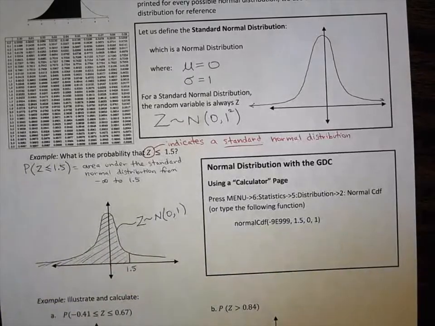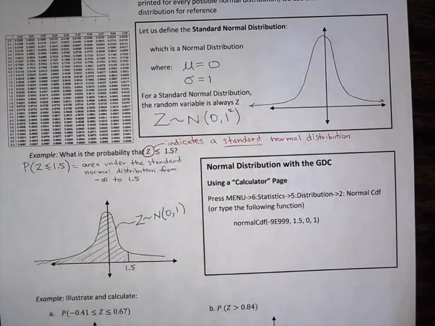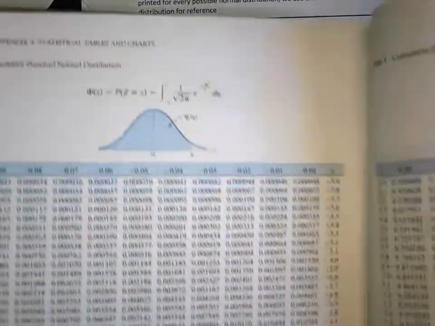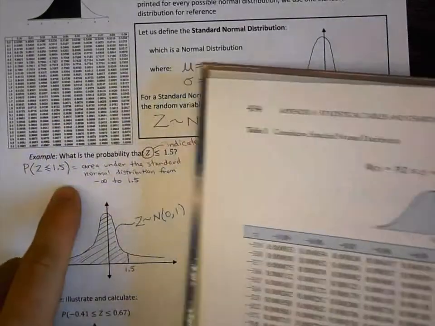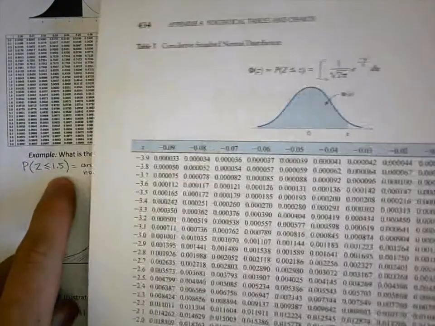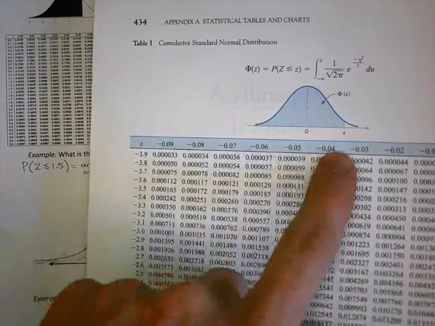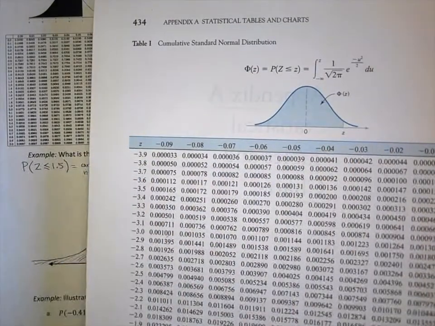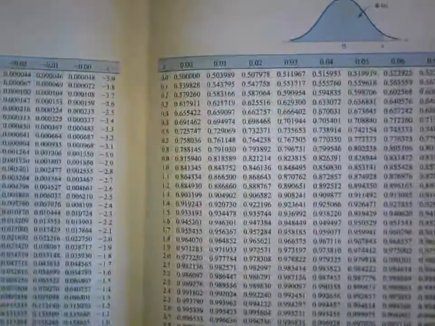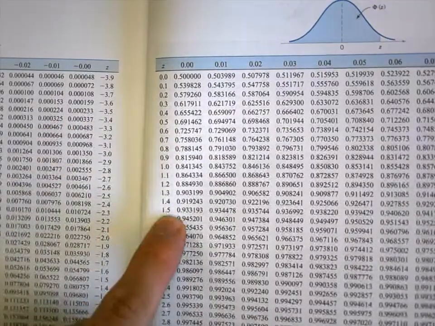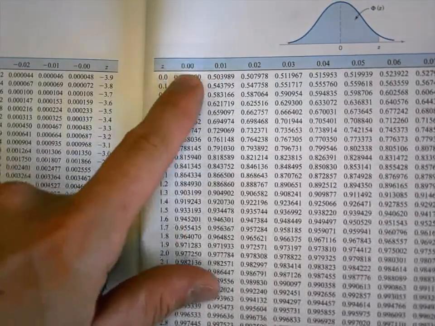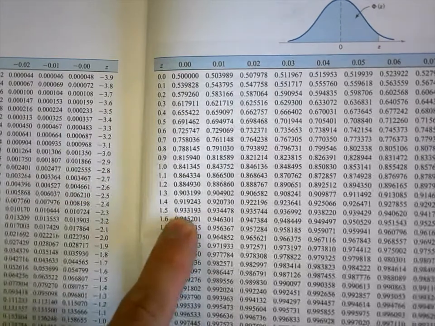Okay, to figure this out, if I was taking a regular grade 12 program, I would now have to look this up in my book. So the area less than 1.5. So the way this worked is z was 1.5, so I have to go to page 2 here. 1.5, and it was 1.50, so this tells me my tens column, my hundredth column.